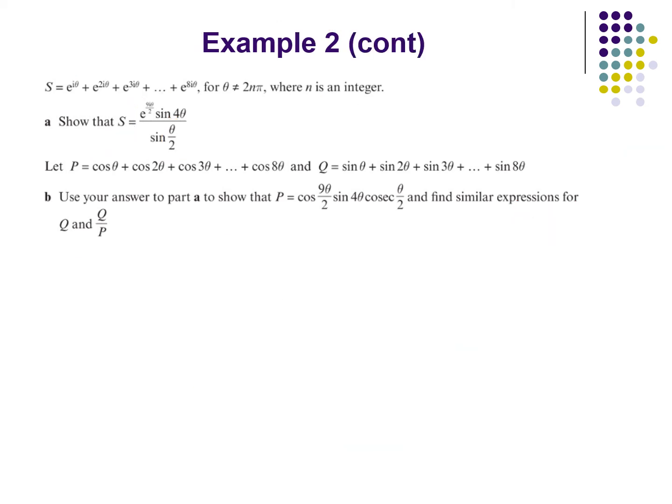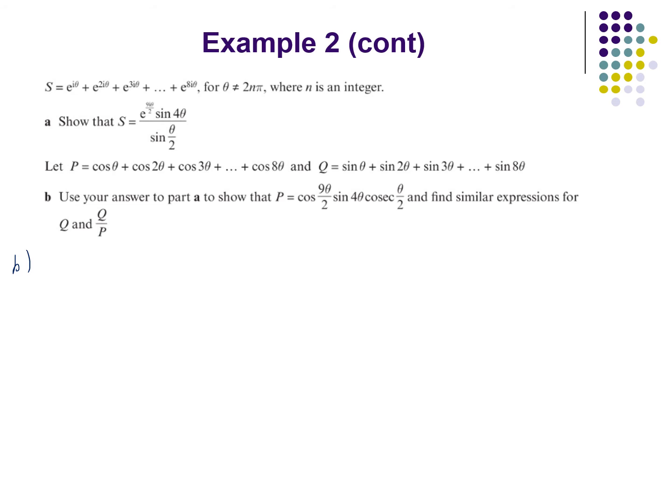Part 2 is actually a lot easier than part 1. Okay, so for your part 2, we've now defined P and Q. So if we look at S, we're doing what we were doing in the previous question a little bit in reverse.